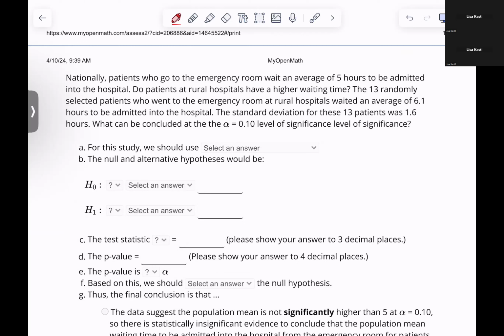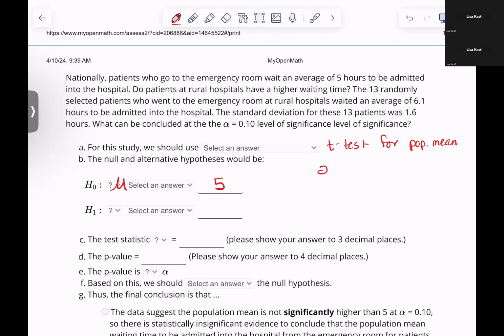So this is a t-test for a population mean. You're only comparing the rural hospital to the status quo. And what's the status quo? 5 hours. So we're using a t-test for a population mean.